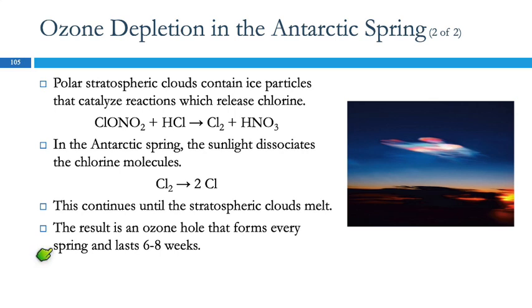So what happens then is we get an ozone hole that forms every spring, and it lasts for about 6 to 8 weeks, and then this catalyzing from the clouds settles down, and we don't have as much chlorine, and then the ozone comes back.